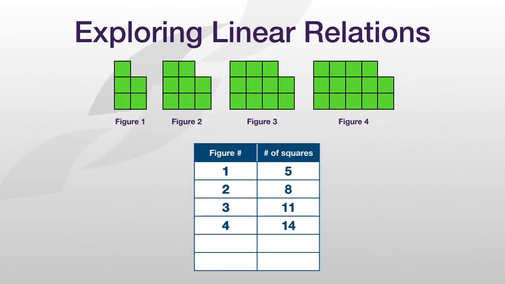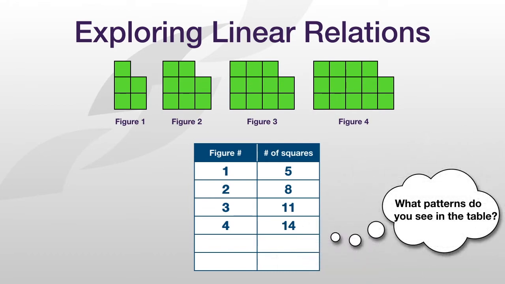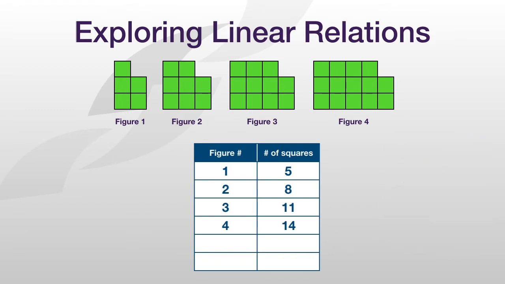Take a moment and observe the numbers in this table. What patterns do you see? You may have noticed that we can see patterns vertically, that is, in each column. In the figure number column, the numbers go up by 1 each time. In the number of squares column, the numbers go up by 3 each time.